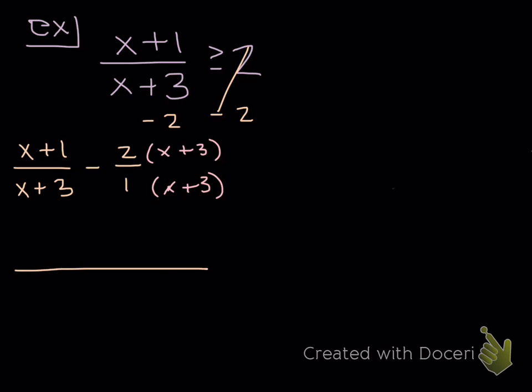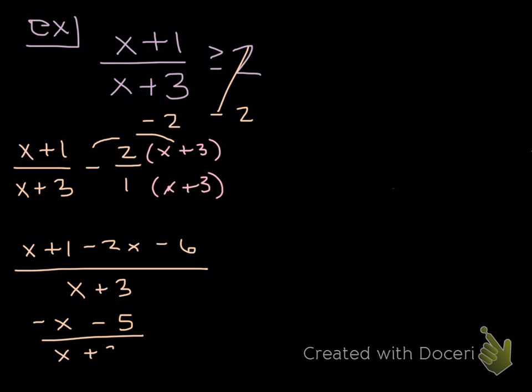In the bottom, I have an x plus 3. In the numerator, I have x plus 1, and I'm going to distribute this negative 2 into both of them, so it'll become negative 2x minus 6. Be careful: you take the sign of this, and that's what you're distributing in. Now I'll combine like terms. In the numerator, I'll get negative x minus 5 over x plus 3.